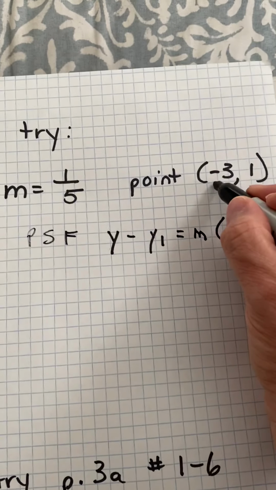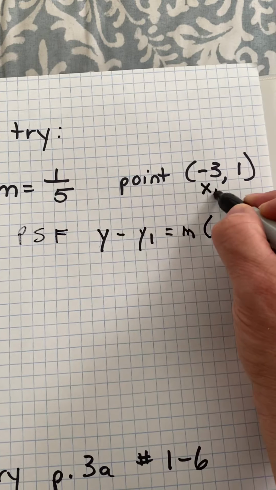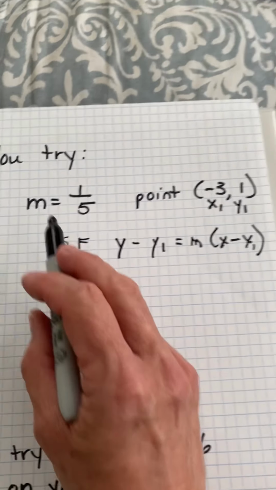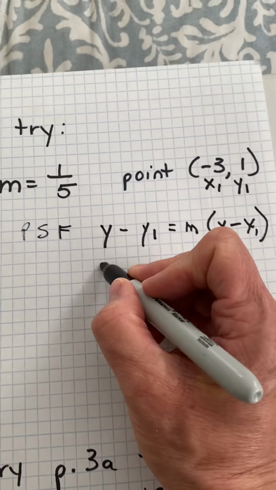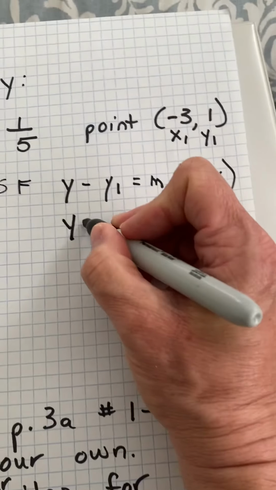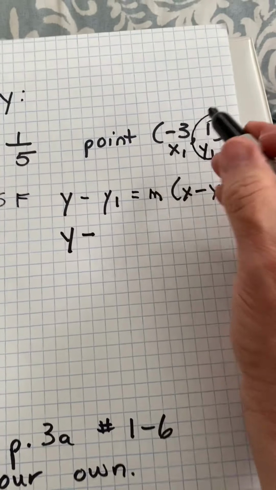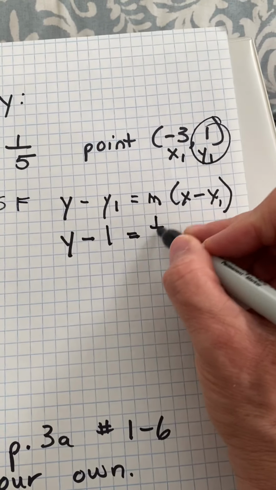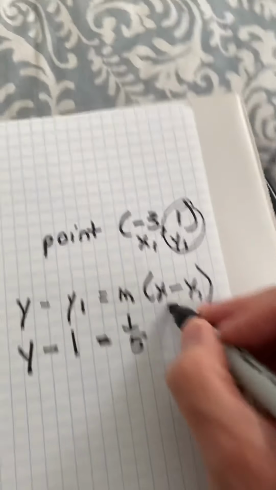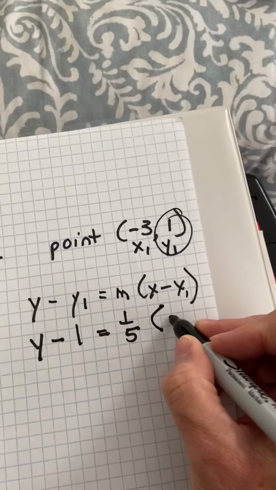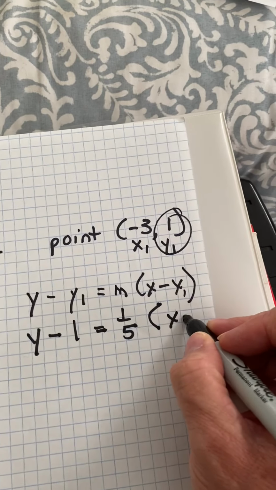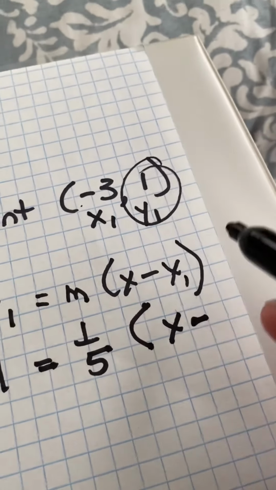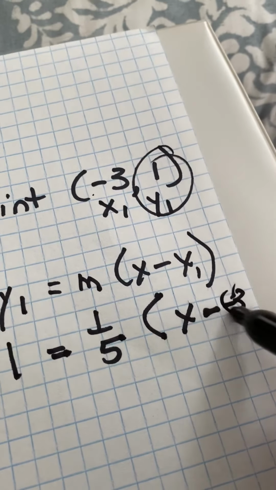Okay, now I have to label my point. What do I label it? X sub 1, y sub 1. And my slope is already labeled. Now I just plug in my unknowns. Y minus y sub 1 is 1 equals, my slope is 1/5, and it's x minus x sub 1 is negative 3.